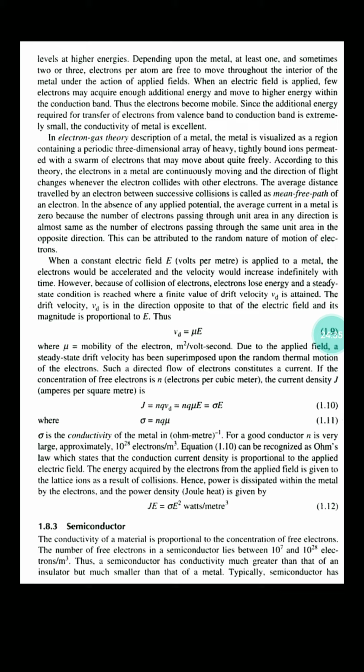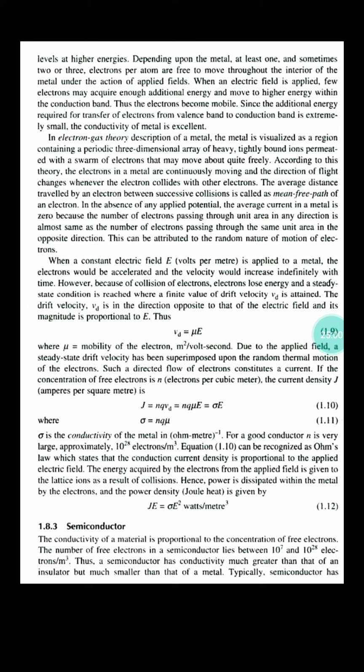I think you people can understand a clear idea about mobility and conductivity. If you are asked a 2 marks question for mobility, simply you can write: mobility is nothing but moving freely and easily of the given material, and the expression is Vd is equal to mu E bar. Write some theory part, right?